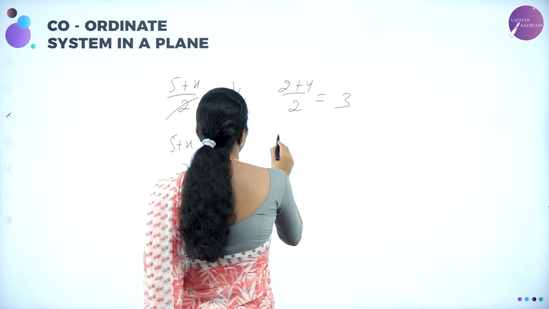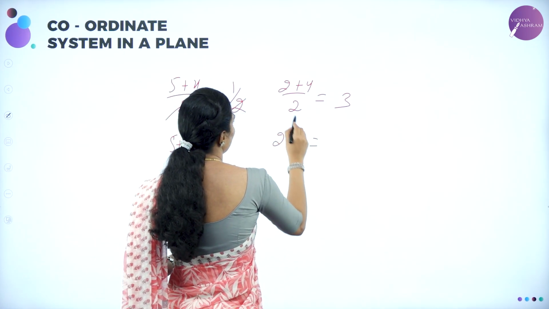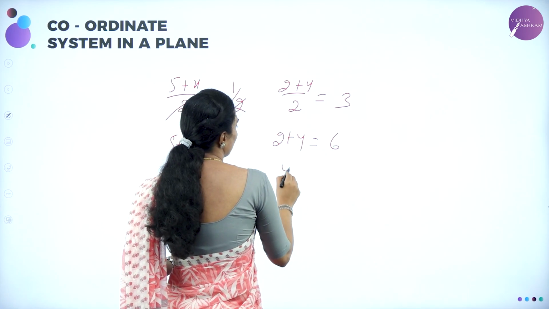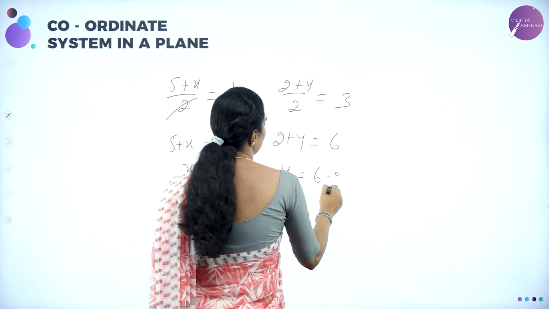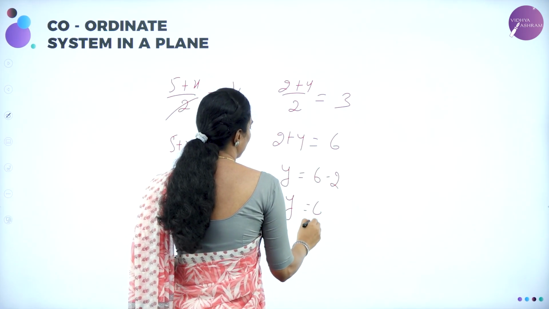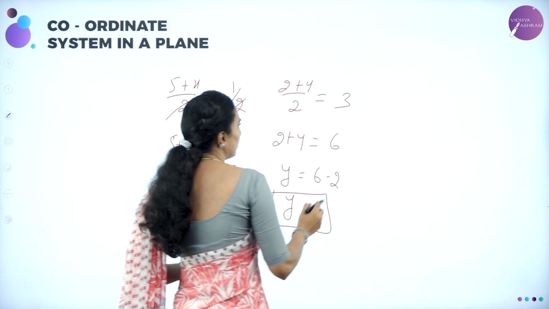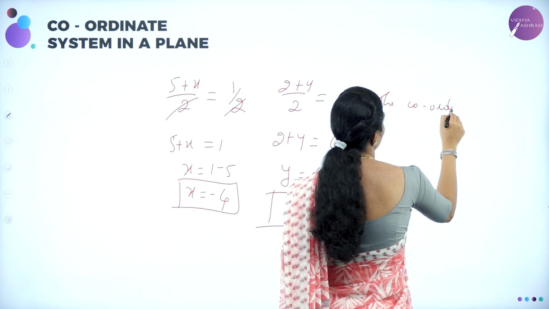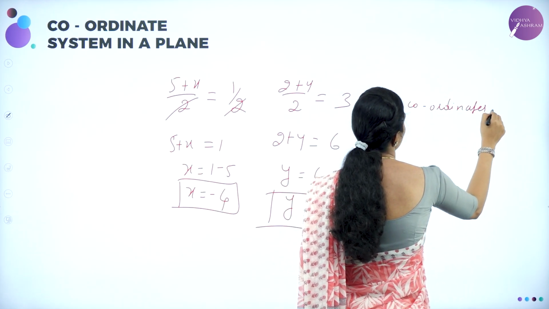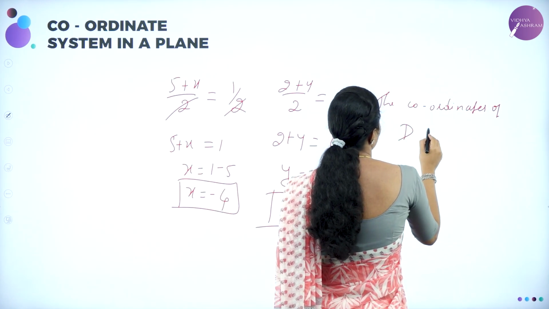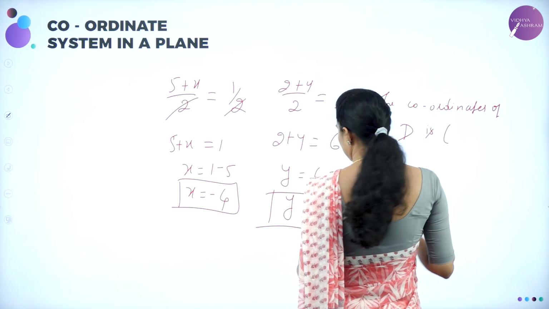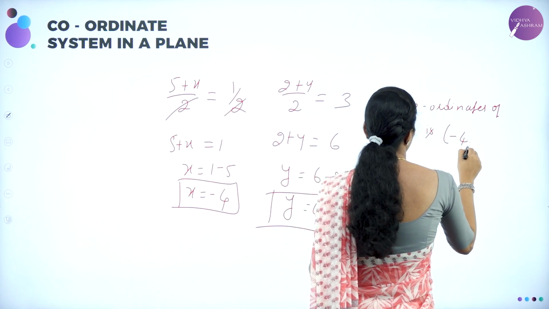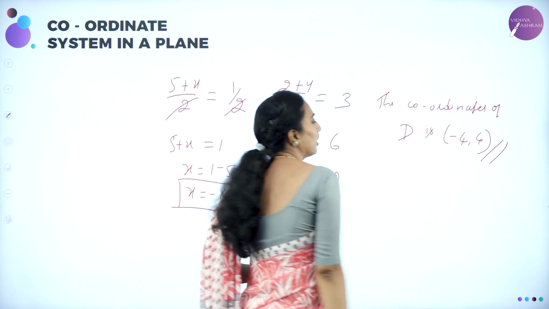Next, 2 plus y is equal to 2 3s are 6. So y will be equal to 6 minus 2, or y will be equal to 4. Therefore, the coordinates of D are minus 4, 4. That is your answer.